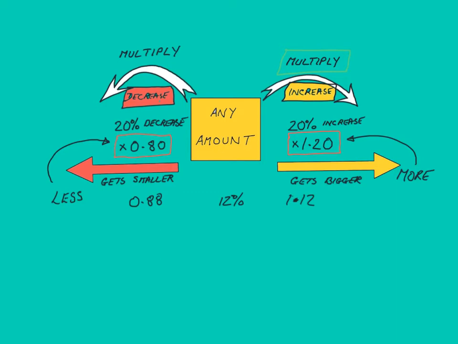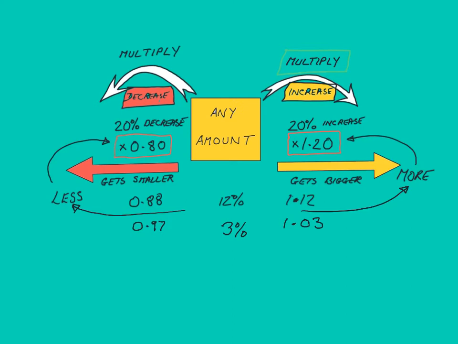If we wanted to do 3%, an increase would be 1.03, and a decrease would be 0.97. The ones on the left would all make the amount we started with less, and the ones on the right would all make the amount we started with more.